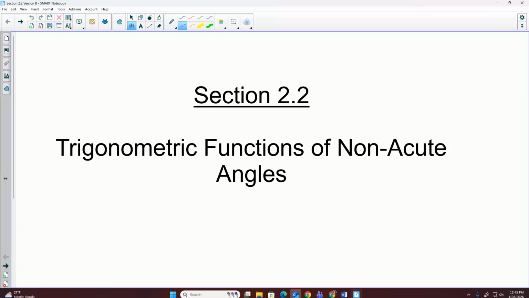So we're going to look at how we can do our trig functions for non-acute angles. I'm not trying to give you more stuff to memorize. We are going to use what we already know in order to get this. So it's not a lot of new stuff, just a couple things that we need to know, and then we'll be able to figure these out.